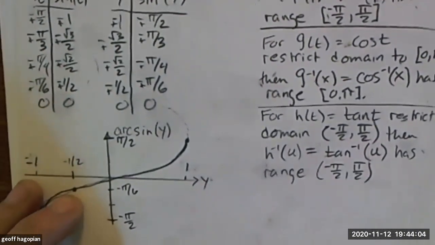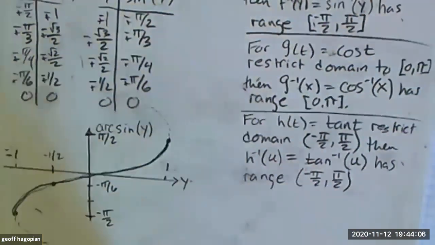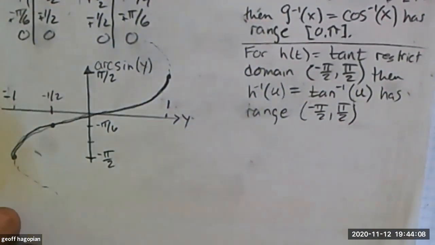Do we have space down here? Yes, we do. So this is 5.5, I believe, is where we are in the text. Or is it 5.4? 5.5. 5.4 was the more trigonometric functions and their graphs.